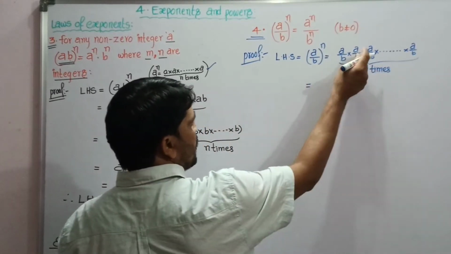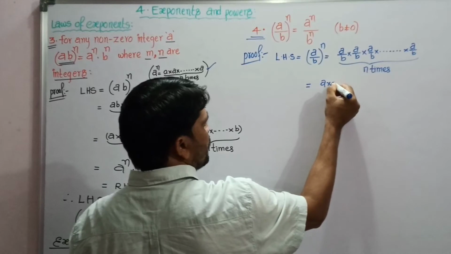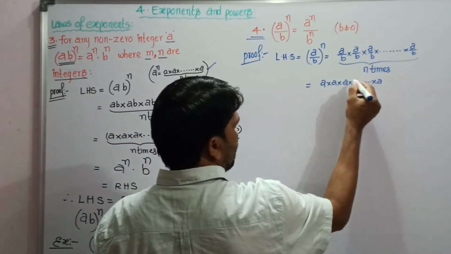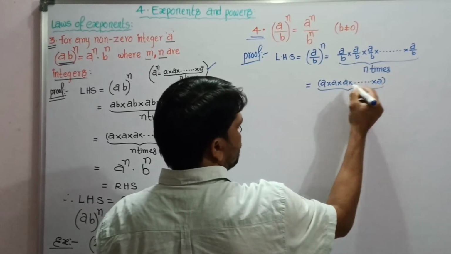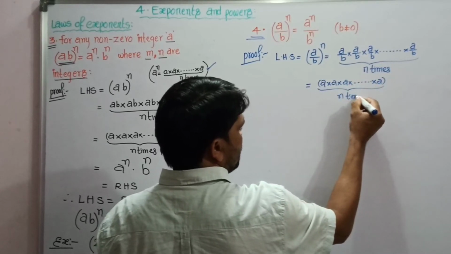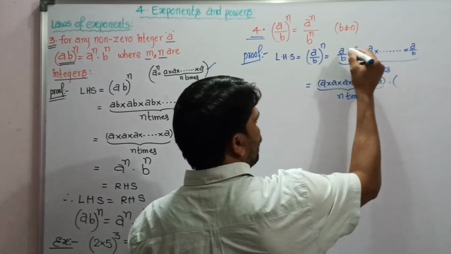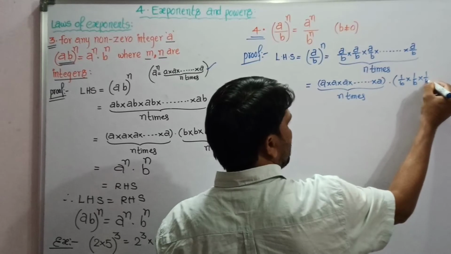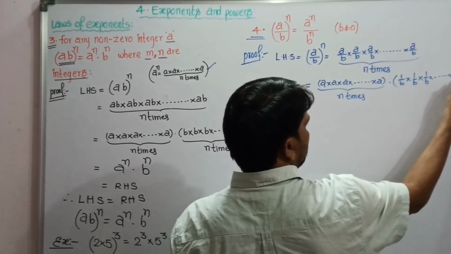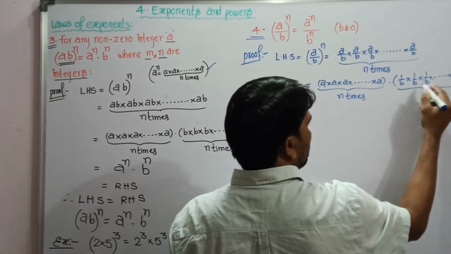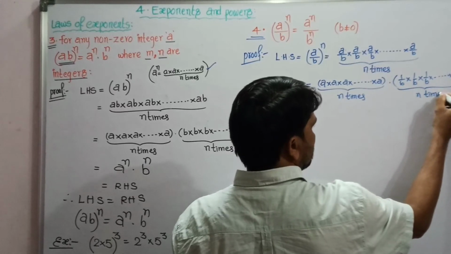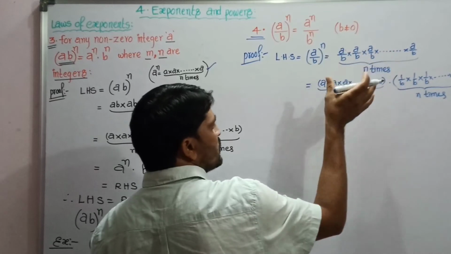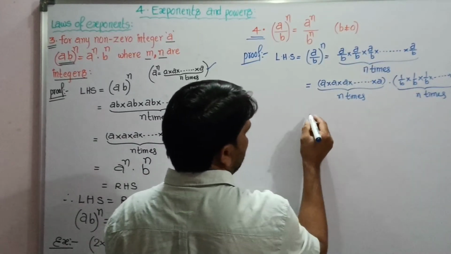Now this expression can be rearranged as a × a × a × ... × a, n times, that is a occurs n times in the product, into 1/b × 1/b × ... × 1/b, that is 1/b occurs n times in the product. Since multiplication is commutative, we can rearrange the expression this way.